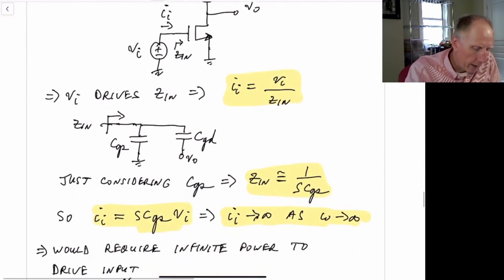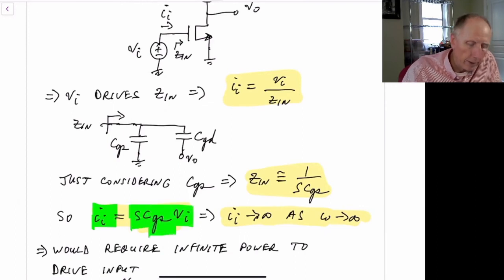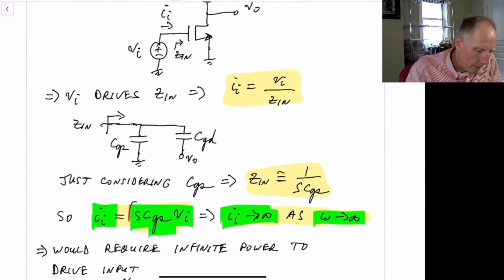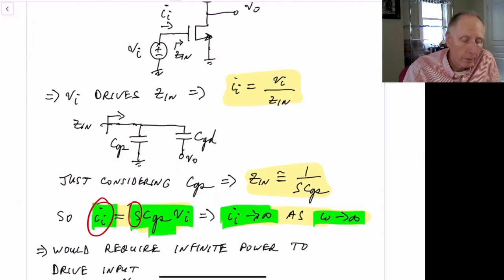So what we find is that I, the current, is S CGS times VI. In other words, I will go to infinity as omega goes to infinity. Because as we let S equal j omega, as omega gets larger, this term will also increase. So our current into this system becomes extremely high as the frequency goes high.